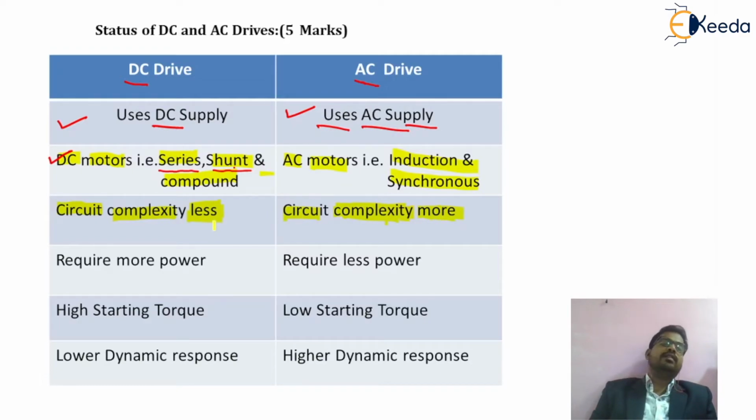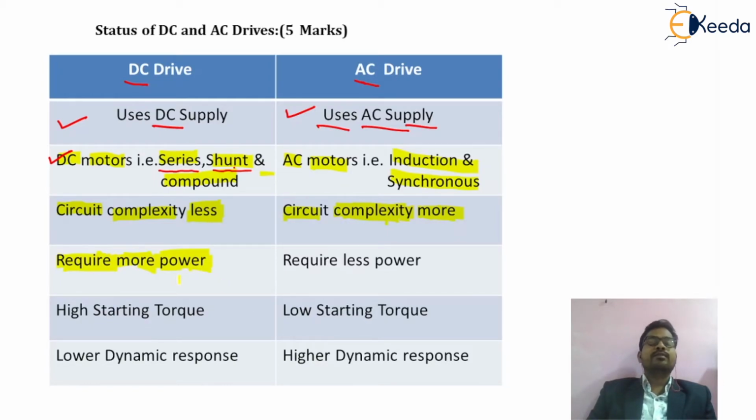Okay. Then the next parameter of the choice of electrical drive is related to the power. As we know, the DC drive will carry more power, because the construction of the DC motor is quite complex. So that's why the requirement of power for DC drive is large.